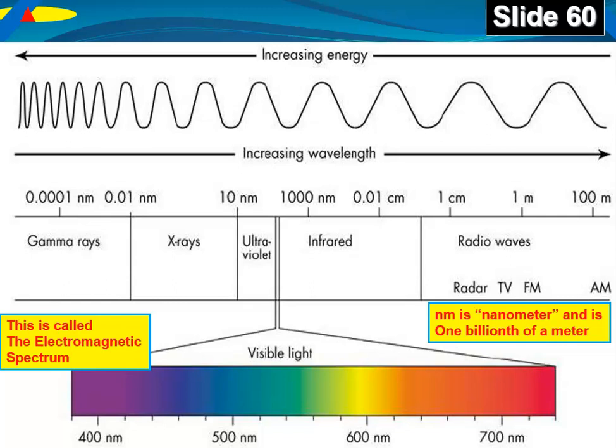So you see that the light that is further to the right, that means it has the lowest energy, the lowest frequency, and the longest wavelength, is red. As you move across to the left, you get violet on the far left, and that's the side that has the highest frequency and the highest energy light. In between you get all the other colors of the rainbow.